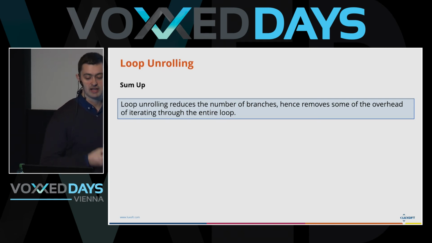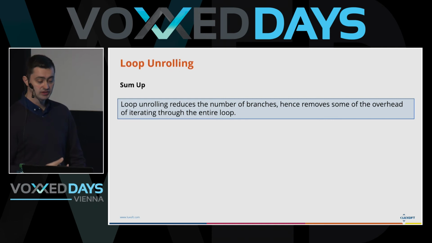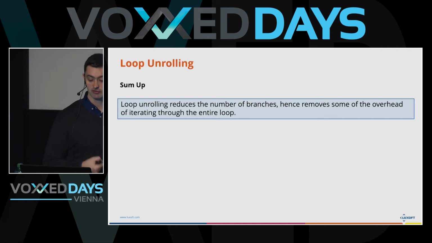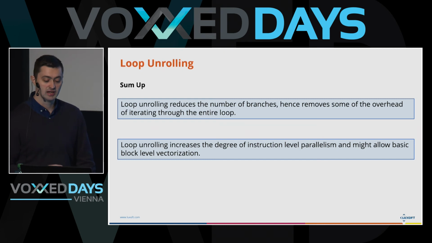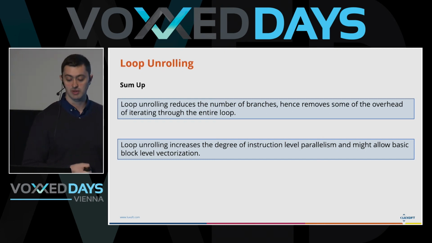Loop unrolling, just to sum up, is a good technique because it reduces the number of branches and the number of jump instructions, and also opens the door for instruction level parallelism, which might allow basic block level vectorization optimization.